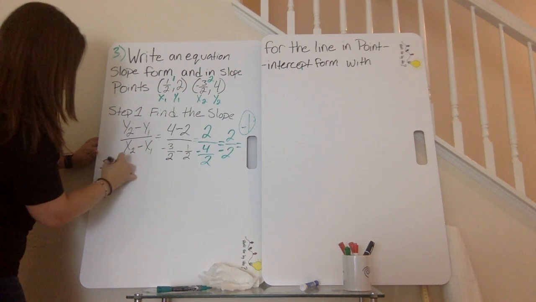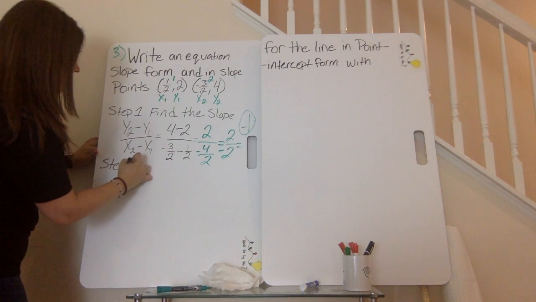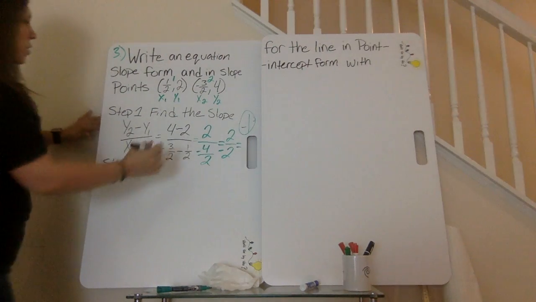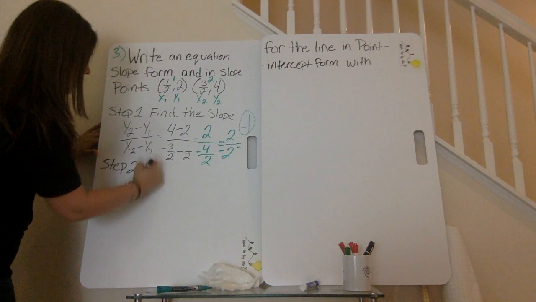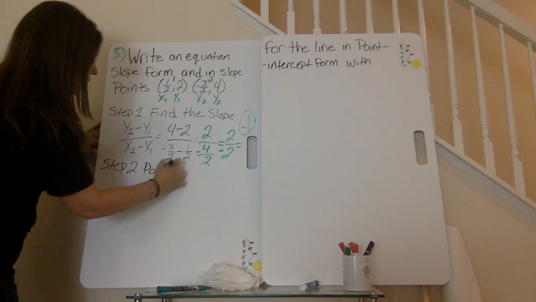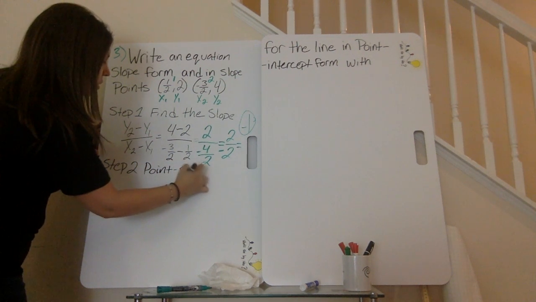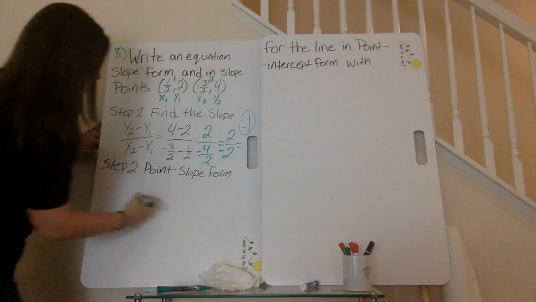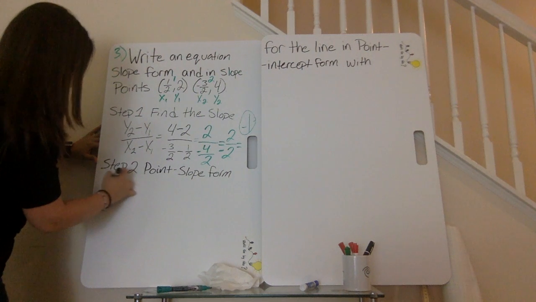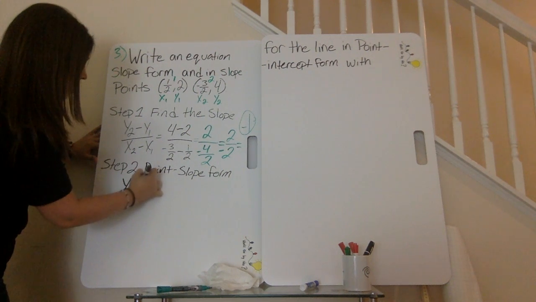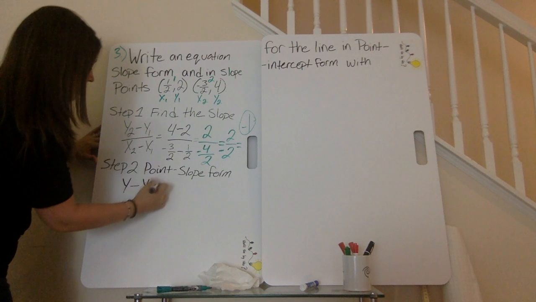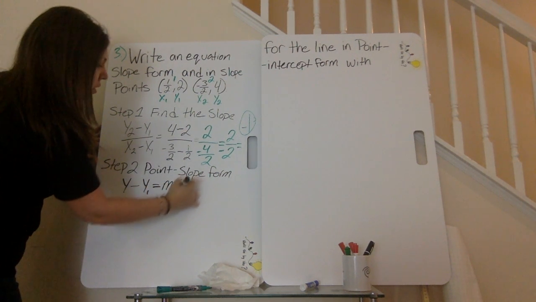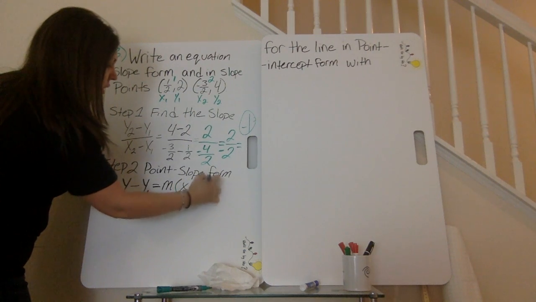So step 2 is point slope form. So as you guys are copying that down, I will write that down. Point slope form gives me the equation y minus y1 equals m(x minus x1).